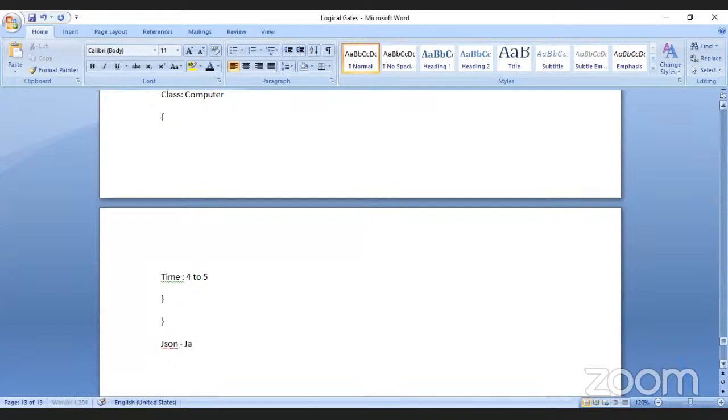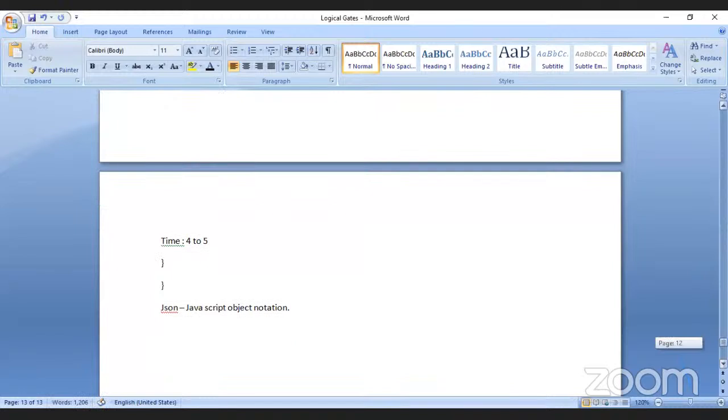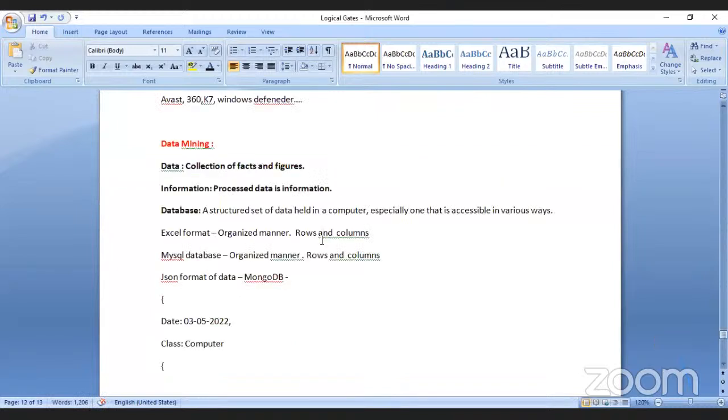It has an abbreviation: JavaScript Object Notation. This is also a way of organizing information. My intention is that we cannot expect the data to always be organized in a rows and columns format.